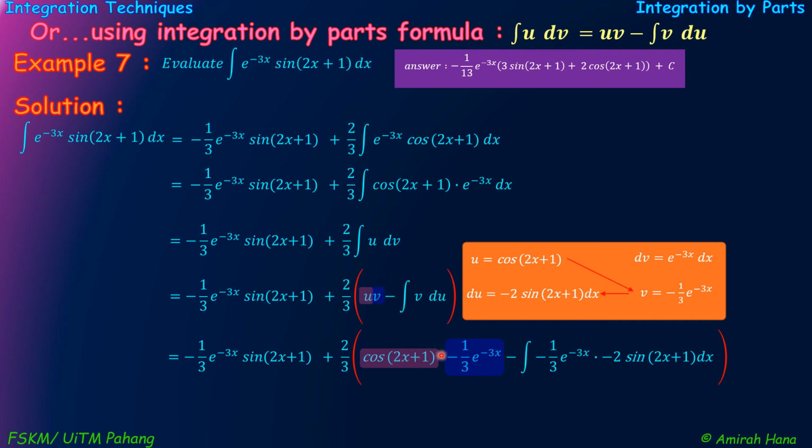We multiply them. And then we have a minus sign, and then we have the integration sign. We replace v with negative 1 over 3 e to the power of negative 3x, times, and we replace du with negative 2 sine 2x plus 1 dx.